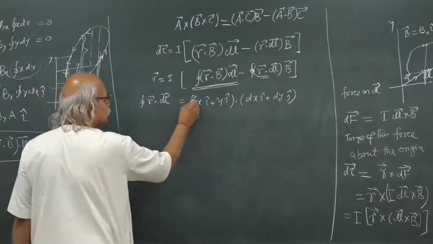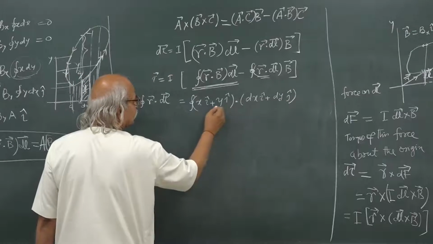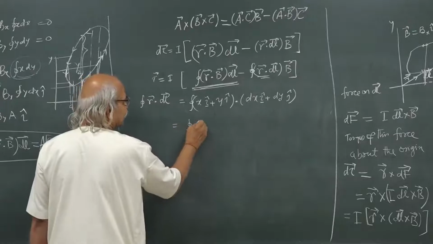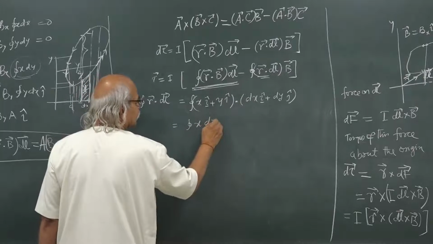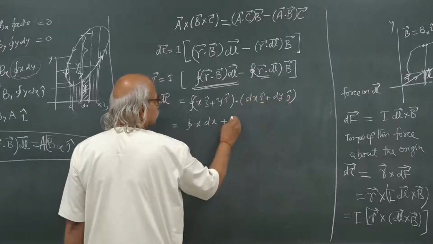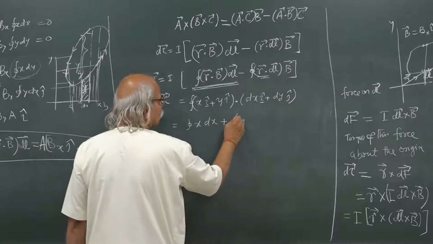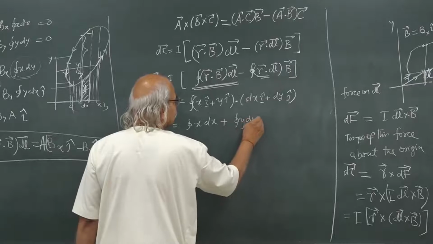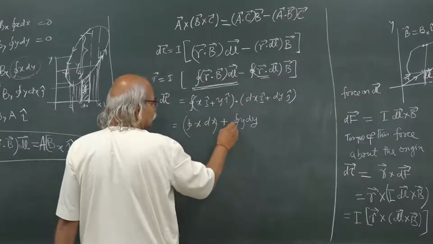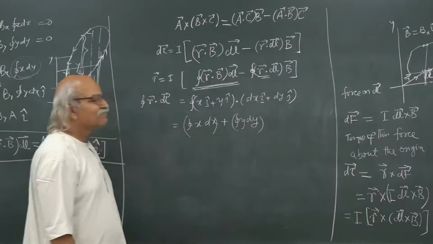Okay, integration. So with the dot product, for i cap this will be integration of x dx, and for j cap, integration of y dy, right? This thing with no i cap, j cap, that's it.